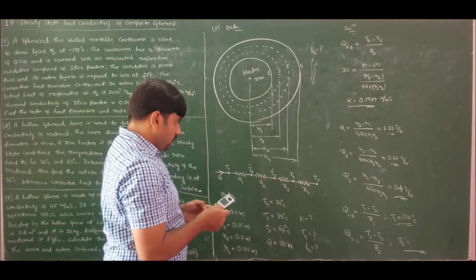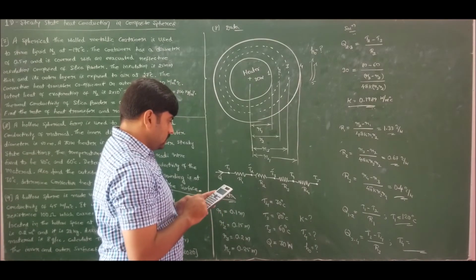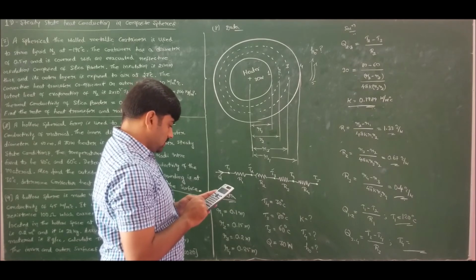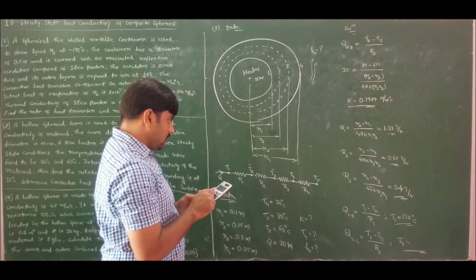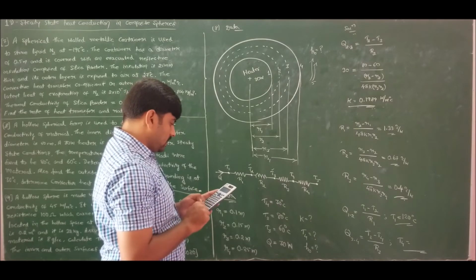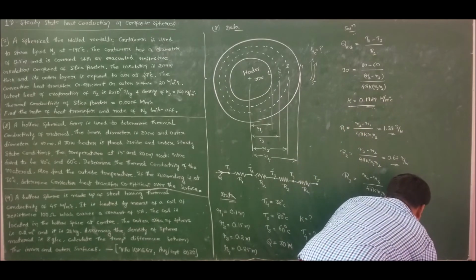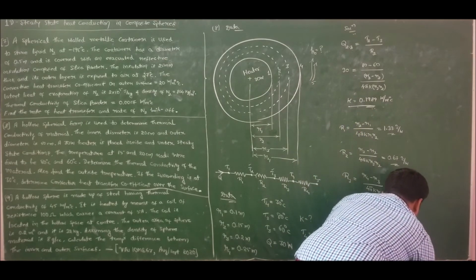Now, if I solve for Q3 to 4, Q is known, 30 watts. 30 is equal to T3, which is 60, minus T4, unknown, divided by R3, which is 0.4. If I solve, I will get the value of T4 as 48 degrees Celsius.